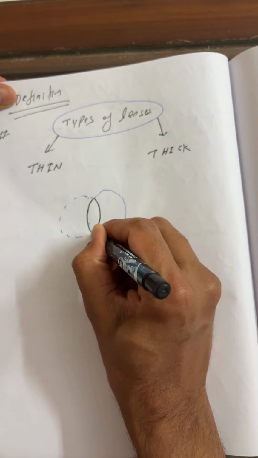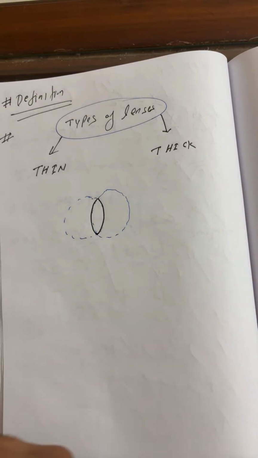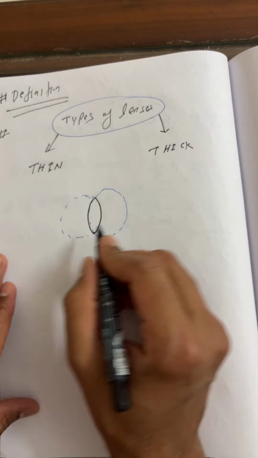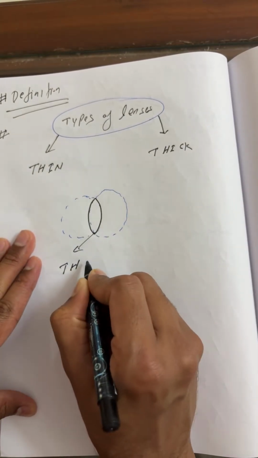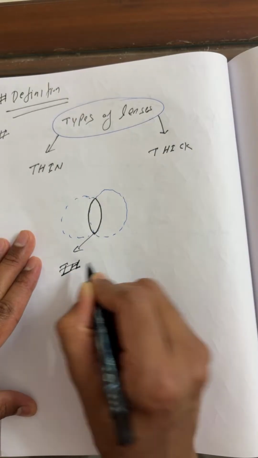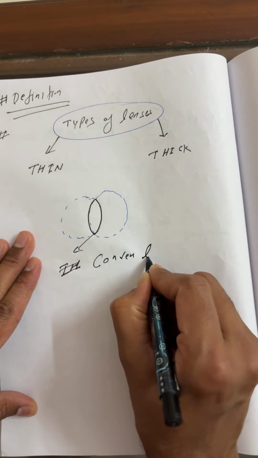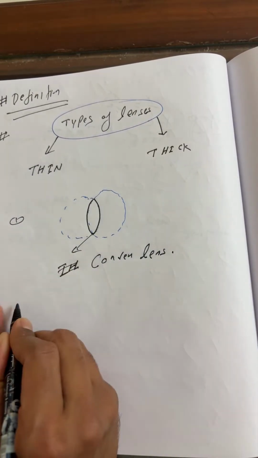This is the convex lens. Convex lens, firstly.